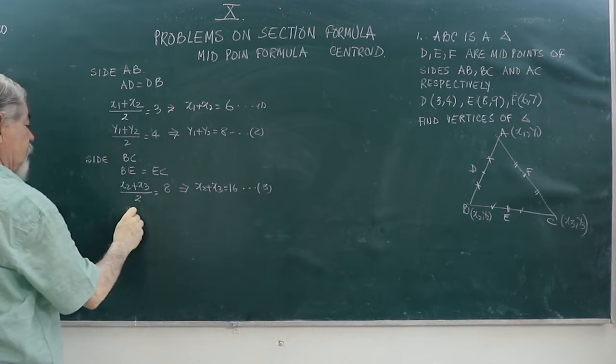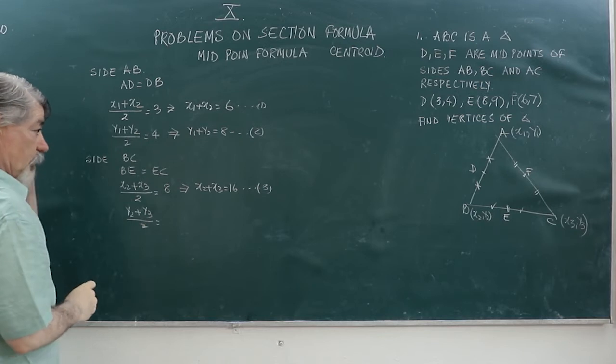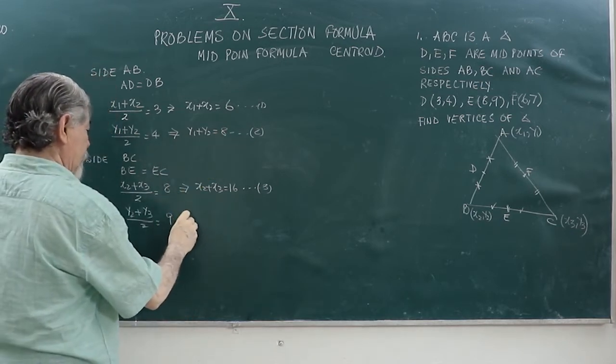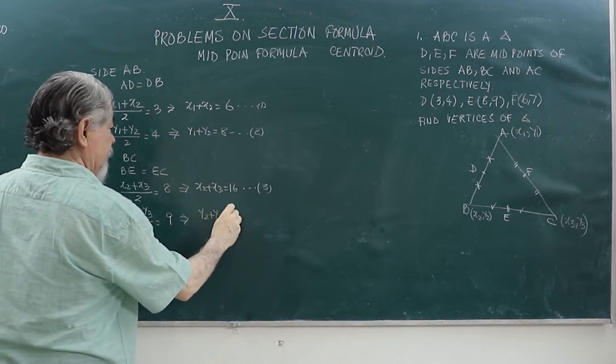And (y2 plus y3) upon 2 is equal to the y coordinate, that is 9, so that implies y2 plus y3 is equal to 18.